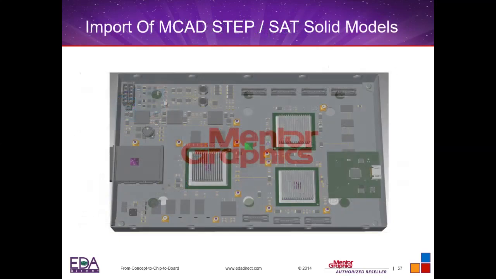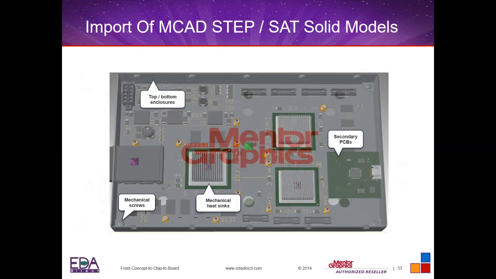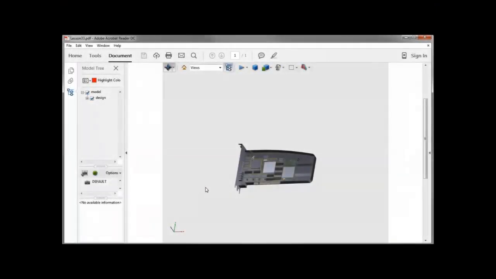And what's nice about being able to import some of these models, not only do we have the STEP models for the components, we can actually bring in the enclosures, the top and the bottom enclosures. I can bring in mounting screws, mechanical screws, heat sinks. I can also bring in secondary PCBs to see how everything's going to fit into the enclosure on my design. There's a lot of capability that way.